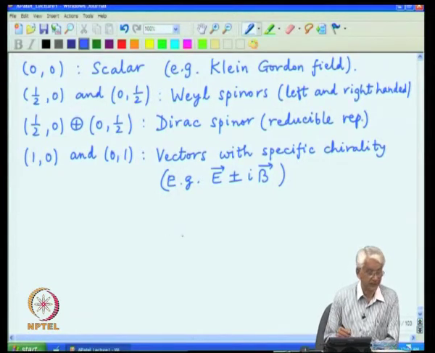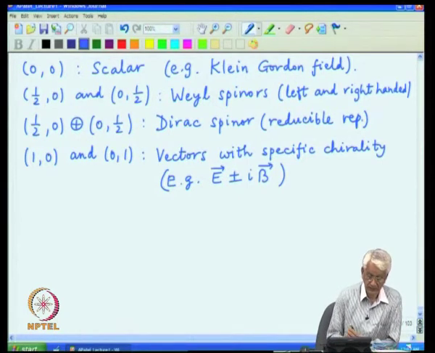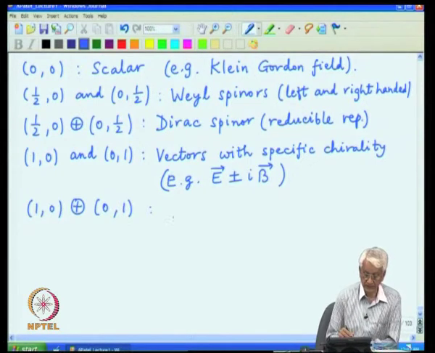In nature, we have actually both of them together, and they make up again a direct sum of these two photons, and this has now 6 degrees of freedom. So, this is the electromagnetic field.